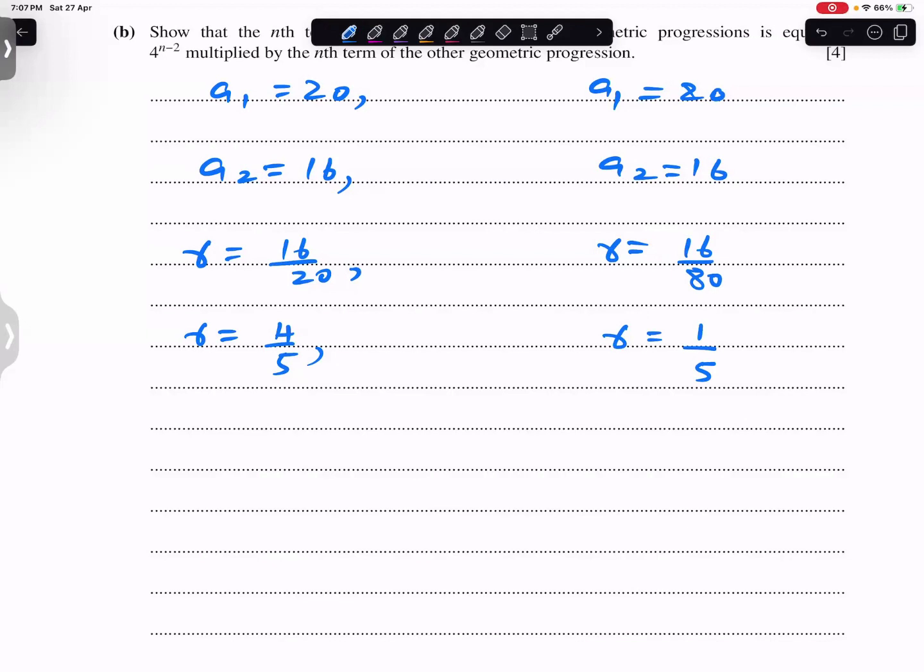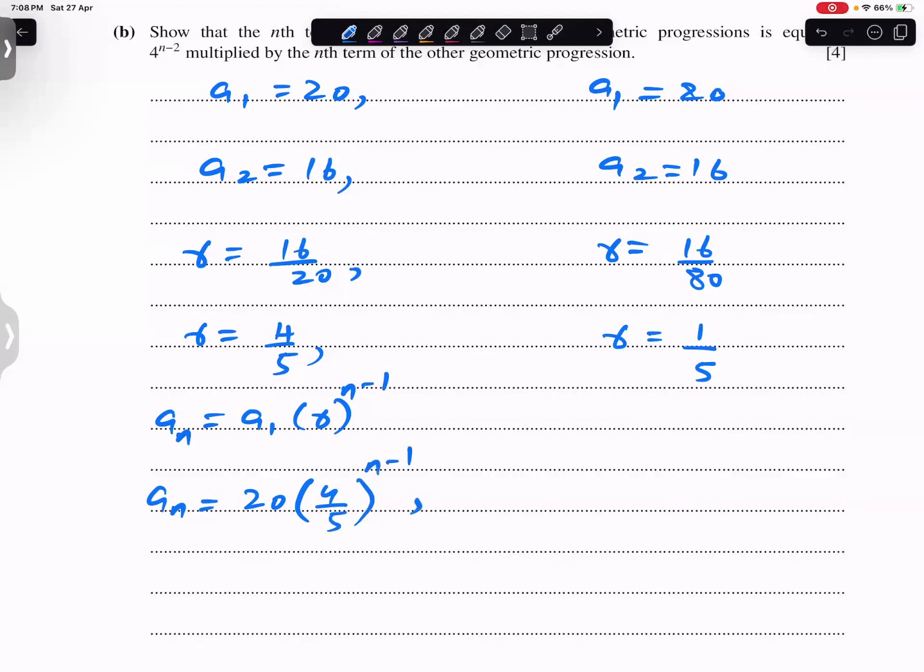Now let's write the nth term. So the nth term in the first case will be A1 r raised to power n minus 1. So An is equal to 20 times r to the n minus 1. So that will be 4 over 5 raised to power n minus 1.